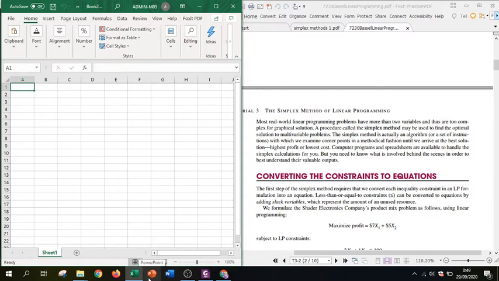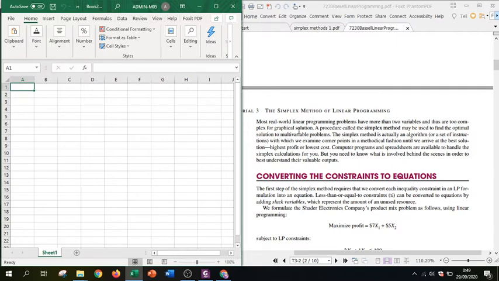In this meeting, I will explain to you about the simplex method, especially in maximum problems. Most real-world linear programming problems have more than two variables and thus are too complex for graphical solution.